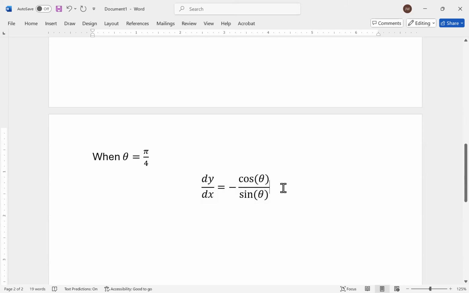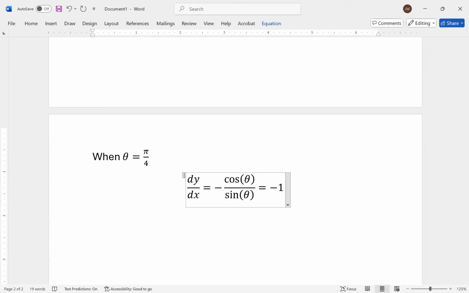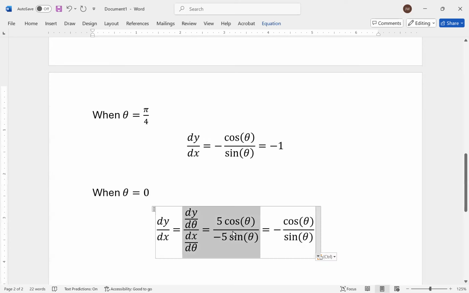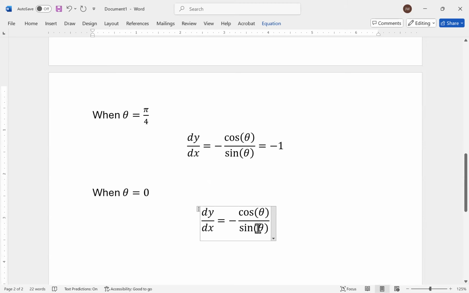So when that happens, I get negative 1. I won't do the rewrite or anything like that. When theta equals pi over 4, we get negative 1. Now, when theta equals 0, then that thing becomes, well, cosine of 0 is 1.